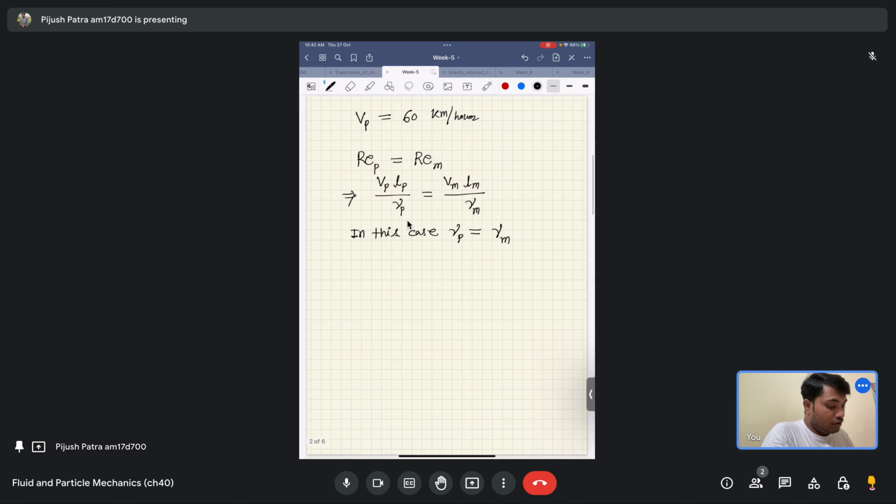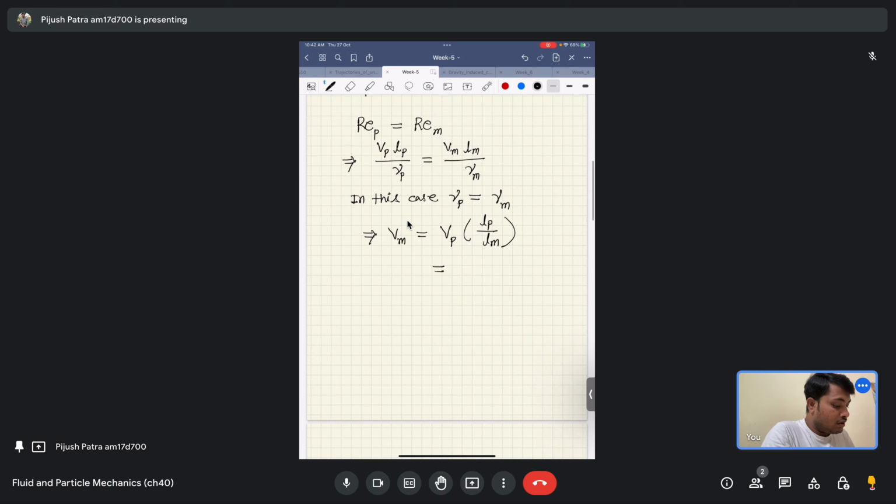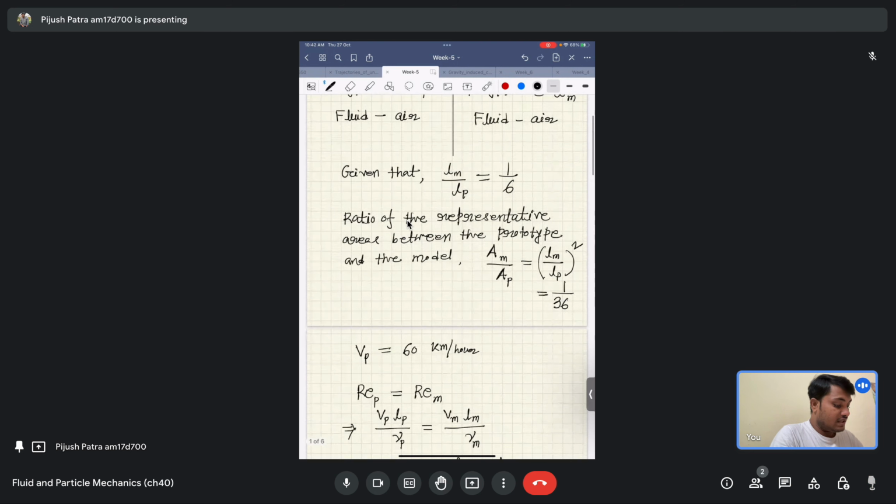fine. So that means Vm is equal to Vp into Lp by Lm, as simple as that. What is Vp? Vp is equal to 60. What is Lp by Lm? Is 6.